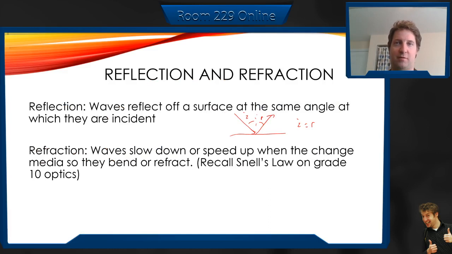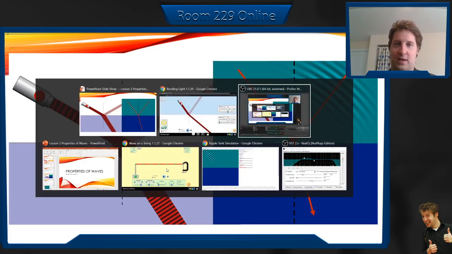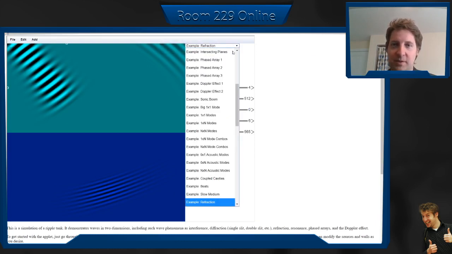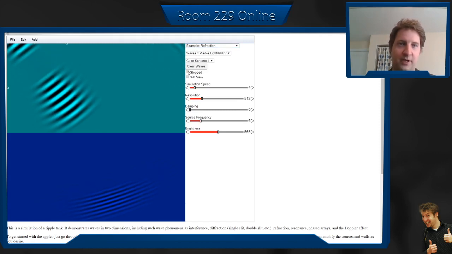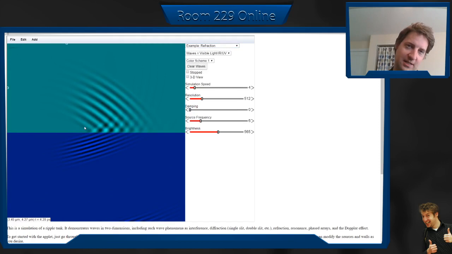Okay. So reflection or refraction. Here we can see again another fun thing you can play with also on the website. This is another fun simulation. You can actually watch. There it goes. So you can see the wave as it reaches this medium.